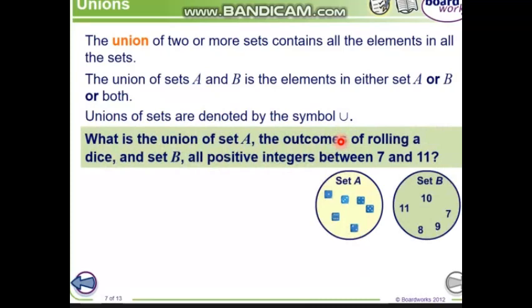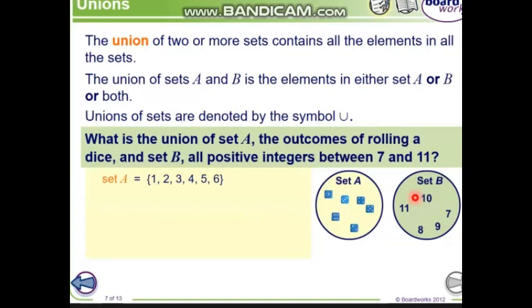What is the union of set A, the outcomes of rolling a dice, and set B, all positive integers between 7 and 11? Okay. So our set A, the possibilities of rolling a die, we have 1, 2, 3, 4, 5, 6.